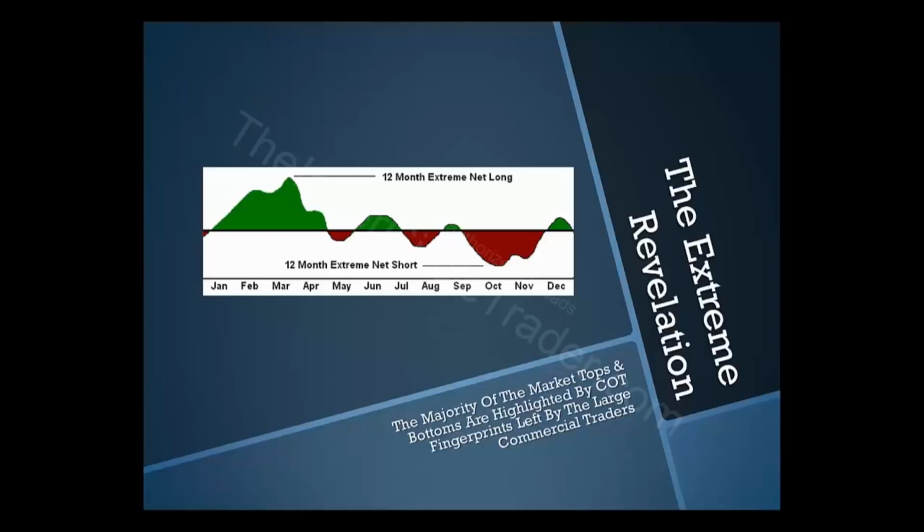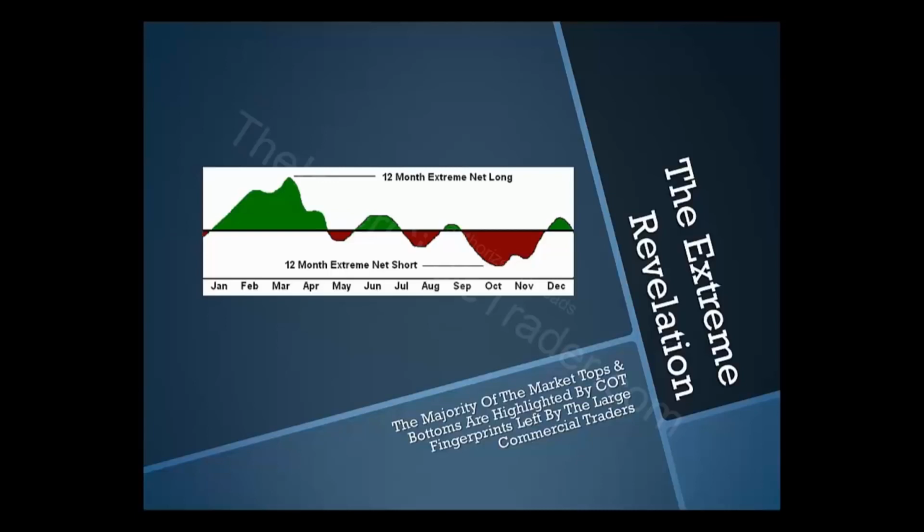An extreme net short, okay, basically all you're doing is looking back over the last 12 months. You're looking for the lowest reading they've had, and you can see in this crude example, during the period of July and August, they had a net short position. Okay, but look what they did in October. That's the lowest they've had in terms of the last 12 months.